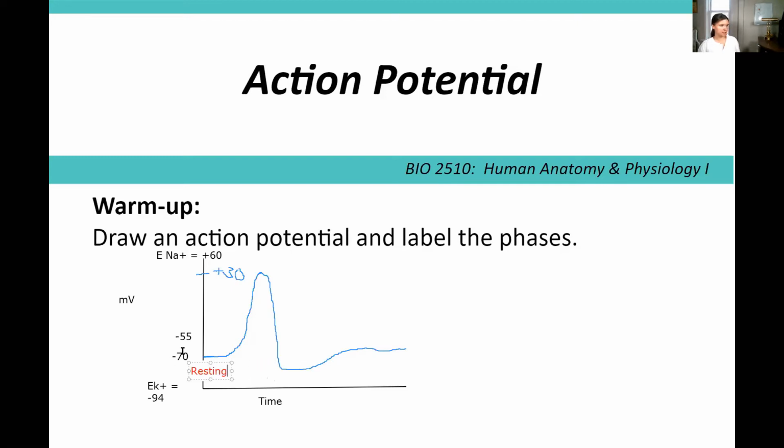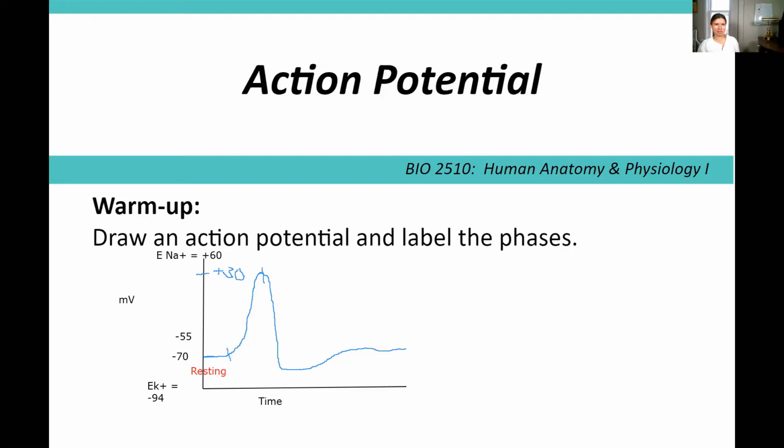Rest is really when we're at -70. As we get from -70 to -55, that's already a little bit of depolarization happening. That's getting to our threshold depolarization. Okay, so for our next phase, I'll draw some markers, like here, here.